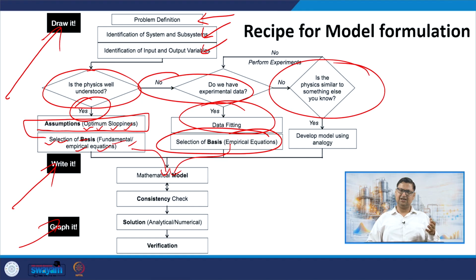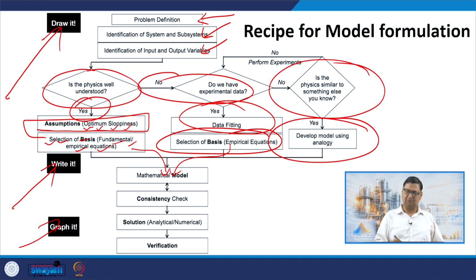If you do not have data from experiments, then you can only anticipate. Or is the physics that you see in the experiment something similar to what you already know, right? And if yes, then we can develop a model by analogy, and now that becomes the mathematical model, right?